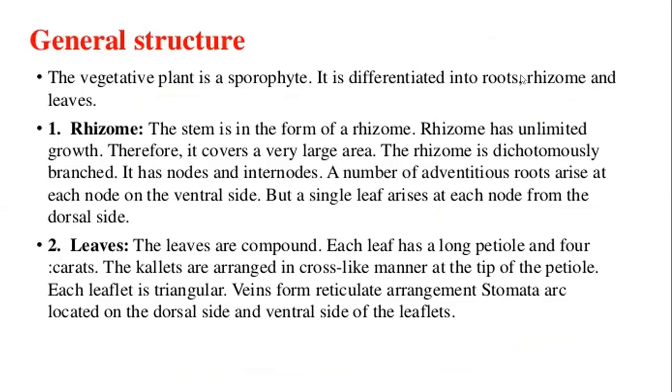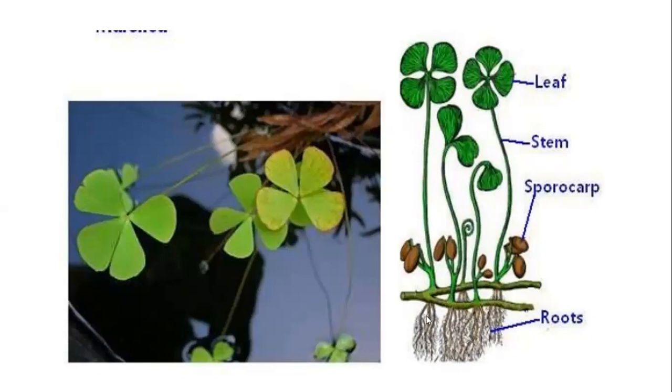When I talk about the roots, you can see here, these are the adventitious or fibrous types of root system, which develop from the base of the nodes of the rhizome, and they help in maintaining buoyancy of the plant body. This is a free-floating pteridophytic plant. The leaves will be coming out of the water, and the leaves will be floating on the surface of the water.